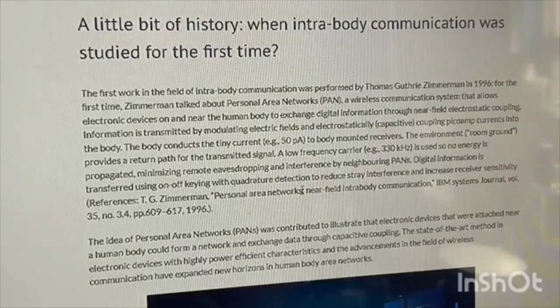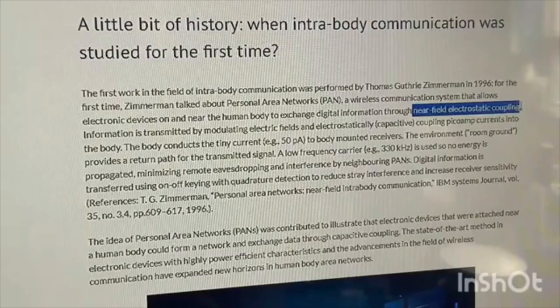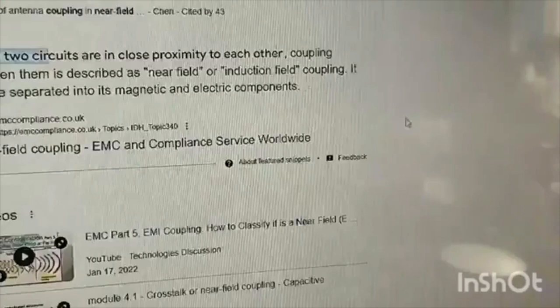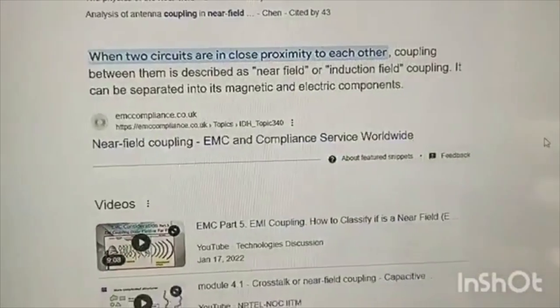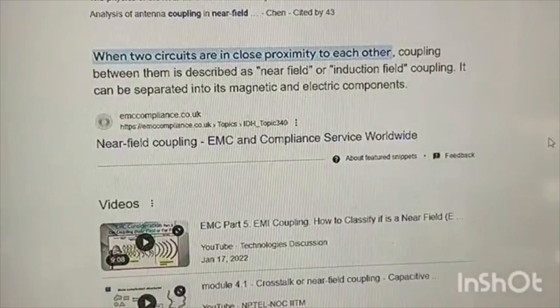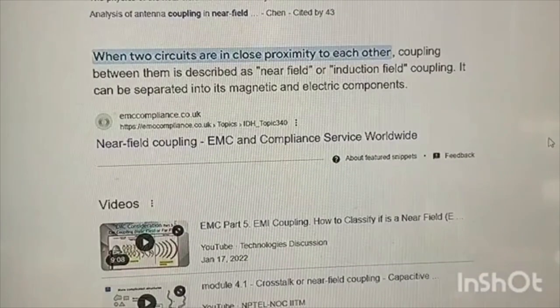Now, I understand that a lot of you don't have any idea what would that be. Well, how do you think that you were playing the Nintendo Wii? How do you think that you are able to wave your hand over a door, have it open without a plastic card or an RFID chip in your hand? When two circuits are in close proximity to each other, coupling between them is described as near field or induction field coupling.